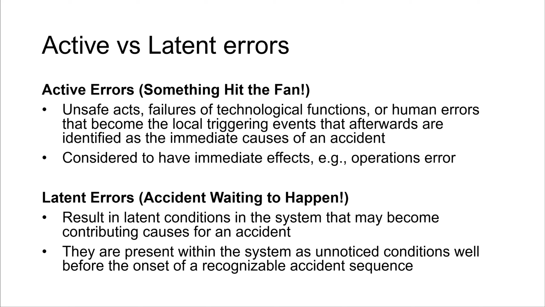This is very common in accident investigation, where you will come across aspects of operations or organizational performance, and when they become a problem, you trace it back and, oh, that's always been a problem. It just hadn't bitten you until now. And so that's an important distinction to make as well.